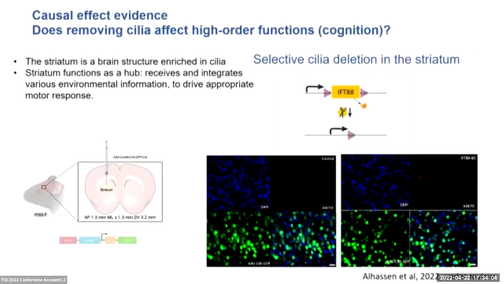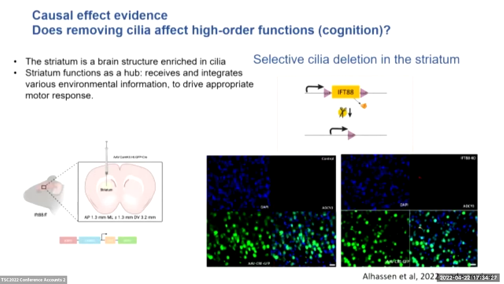To answer this question, we want to look at causal evidence. Here, we removed cilia genetically from the striatum by using Cre-Lox technology. We know that IFT88 is a gene that's very essential for ciliogenesis.